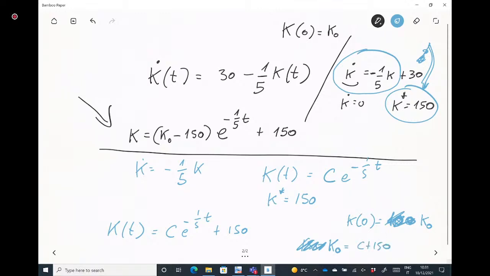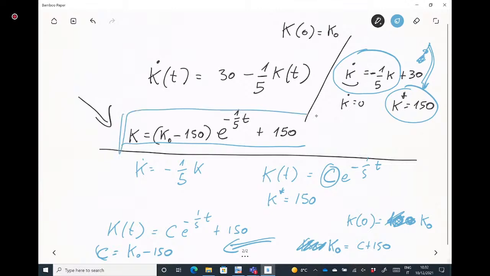And this implies that c is equal to K0 minus 150. Okay? And if you replace here c equal to K0 minus 150, you obtain exactly this one. So you can just find the steady state and then apply the superposition principle, or you can just remember the solution formula.